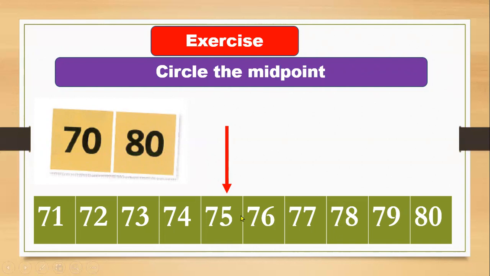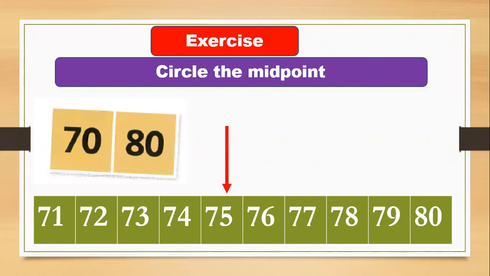Keep in your mind that when you see 5 at the end, it will be the middle number, and when you see 0 at the end, it will be a decade number, the first decade, second decade. Every 10 years is one decade.